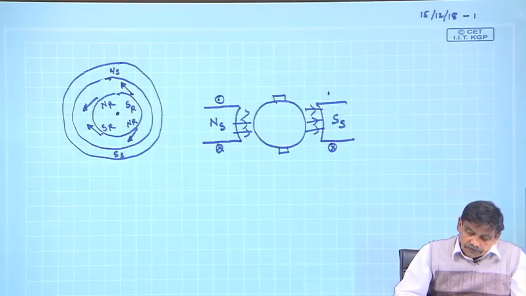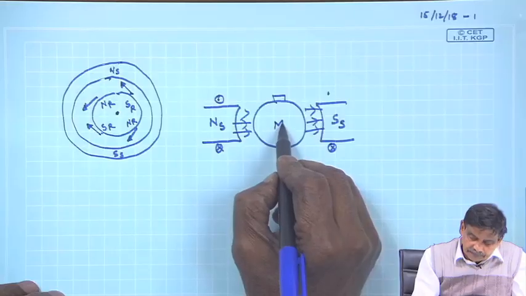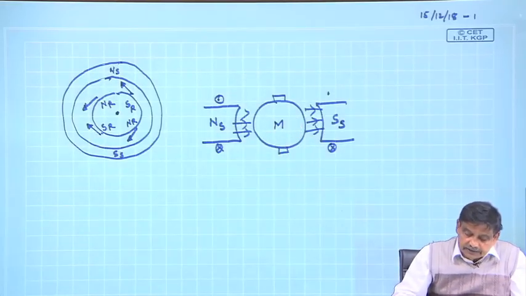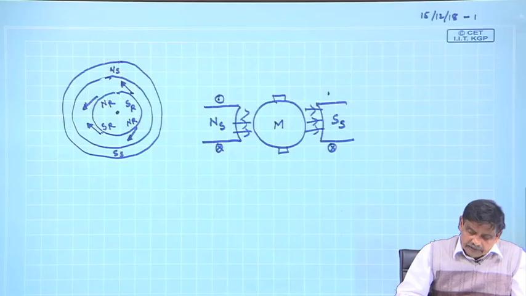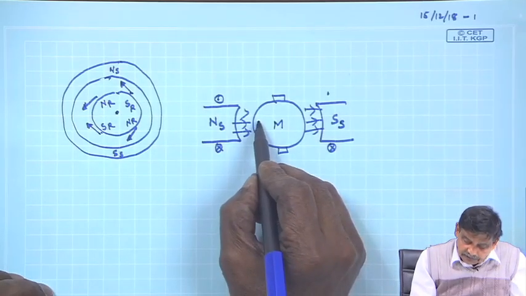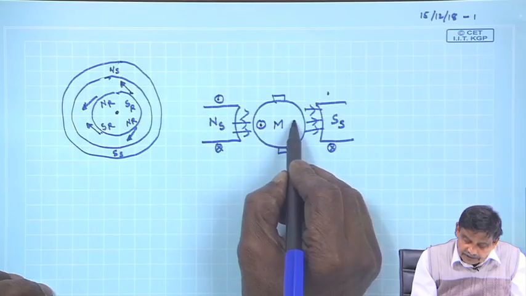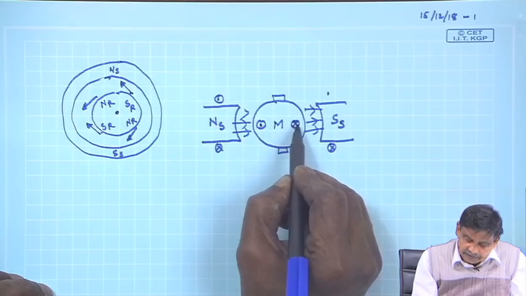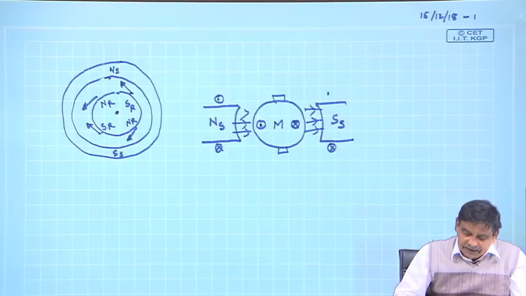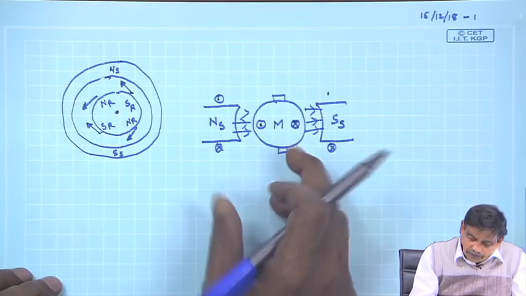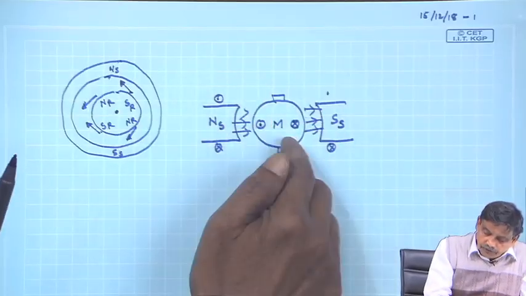Now, suppose I want motor operation, then I pass some current. Suppose the armature current is in this direction, cross and dot. How many poles will this armature coil produce? It will also produce two poles.